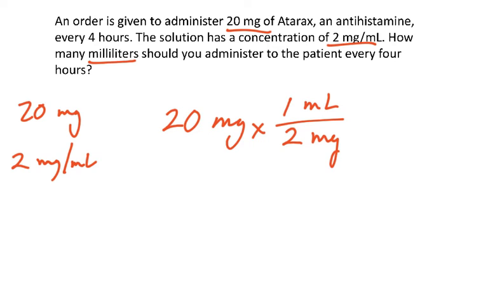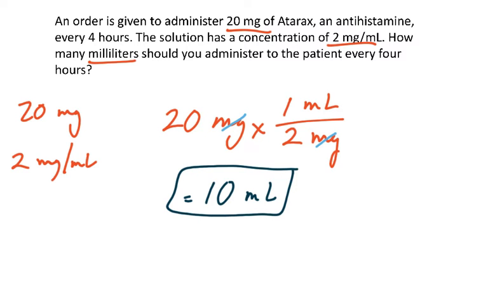So flip the concentration. Milligrams cancels out. And we get 10 milliliters. Okay. The every 4 hours part does not come into play here, right? It's not actually like per hour or per 4 hours as a flow rate or anything like that. It's just telling us how often they're going to get that 10 milliliters, but it is not an IV, right? Okay, next question.